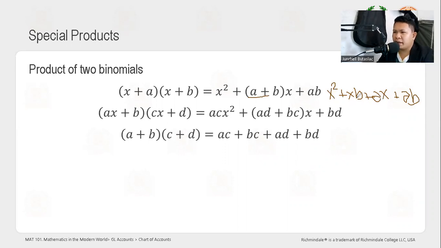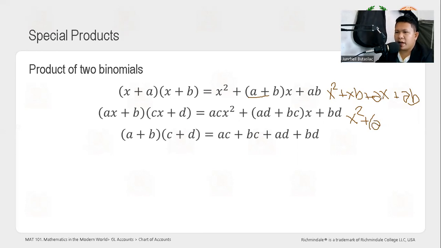So simplify. As you can see, they are different variables, b and a, so you cannot combine them. So all you have to do is copy x squared, plus b and a.